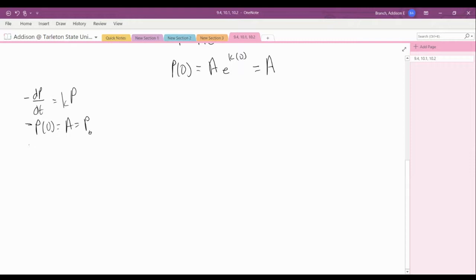So we can rewrite what we had, that if we integrate this, our population is equal to our initial population times e to the kt.